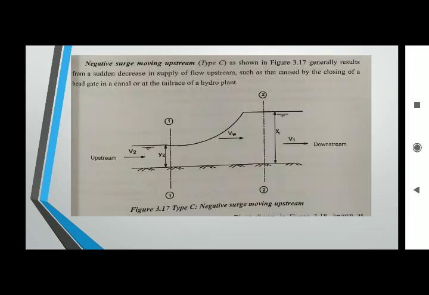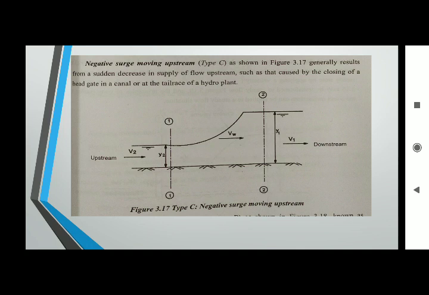Okay, then negative surge. It is nothing but during sudden closure. If water is suddenly closed at section 1, then what will happen at section 1? Its velocity and depth reduce suddenly. But on the downstream side, normal flow was happening, so their depth will be y1 and velocity will be v1. It is nothing but closing of a sluice gate, shown in the river diagram.